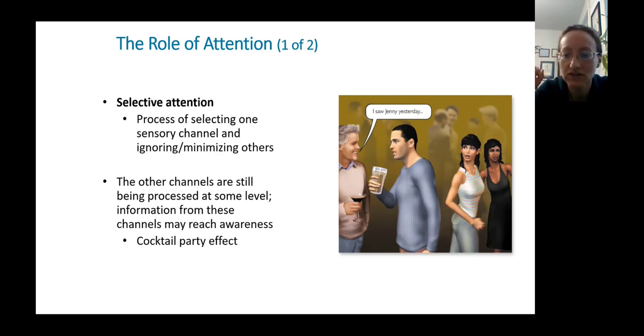It's still going into your short-term memory store. And sometimes it can cross that filter into your conscious awareness. And so we see that when people are given different messages to different ears. So let's say they're just told to focus on the message in the right ear. Well, when they repeat back what they heard, sometimes they mix that up with things that were being sent into the left ear that they were instructed to ignore and trying to ignore, but somehow it kind of worked its way in.